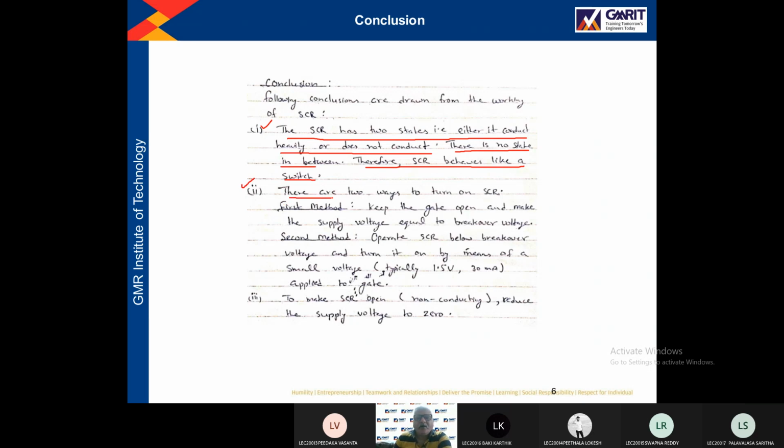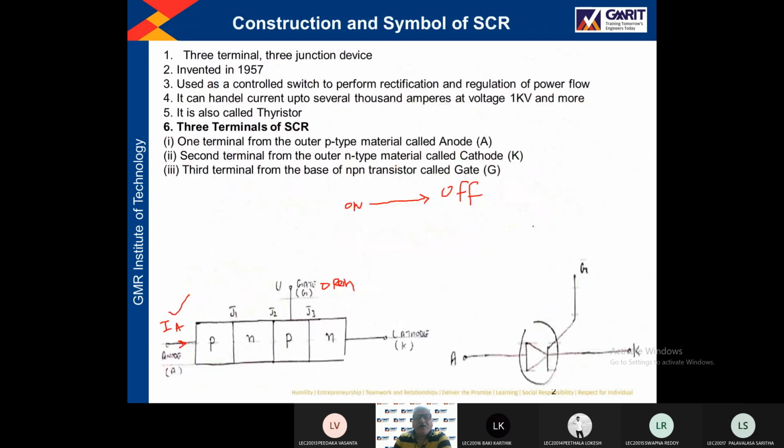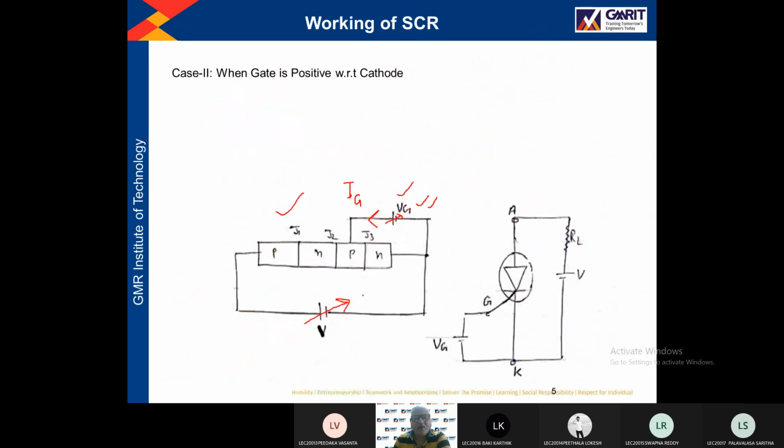Second point: there are two ways to turn on an SCR. First method: keep the gate open and make the supply voltage equal to the breakover voltage. As I already told you, make the gate open and apply a voltage at the anode and cathode equal to the breakover voltage of this SCR. Then the SCR will turn on. But the breakover voltage is very high, so you have to apply a very high voltage.